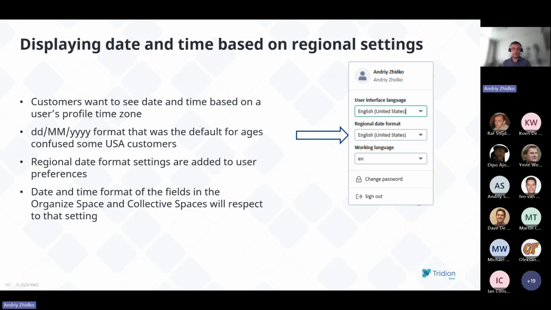Then we introduced the regional setting for the user as part of the user preferences, and it can be set in both organized spaces and collective spaces, and it is respected in both.